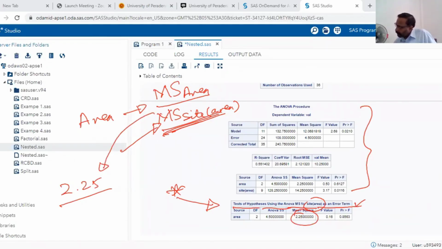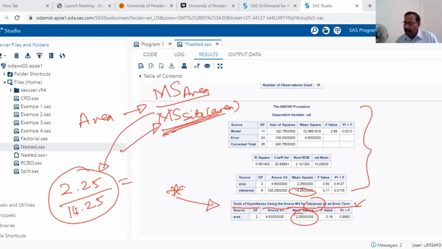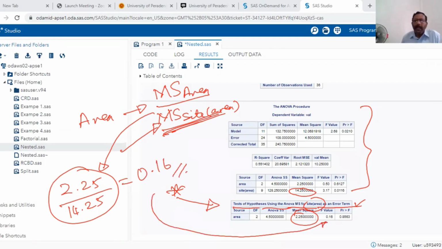This one, right? 14.25. So what is the answer of this? This is actually 0.16. So that value is further small, you could see.